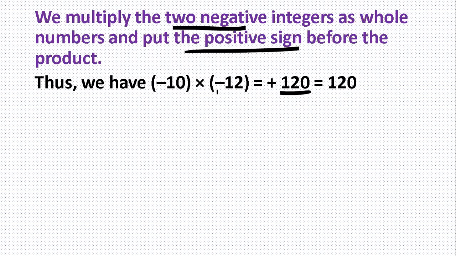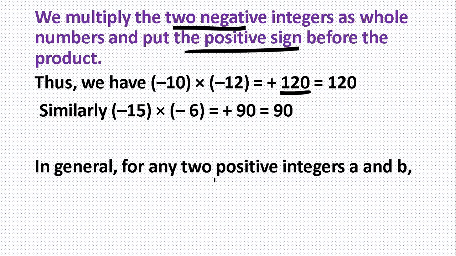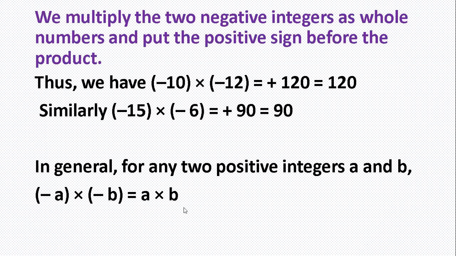For example, -10 into -12 is plus 120. Similarly, -15 into -6 gives plus 90. In general, for any two positive integers a and b, -a into -b is equal to a into b.